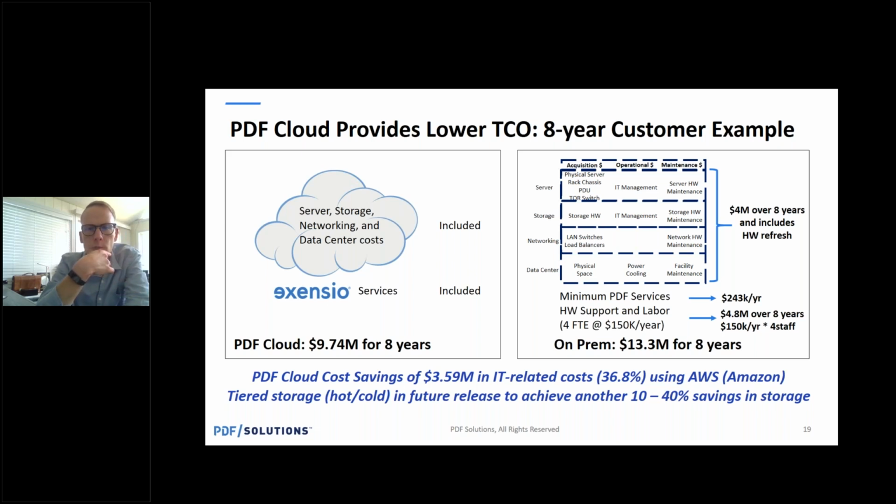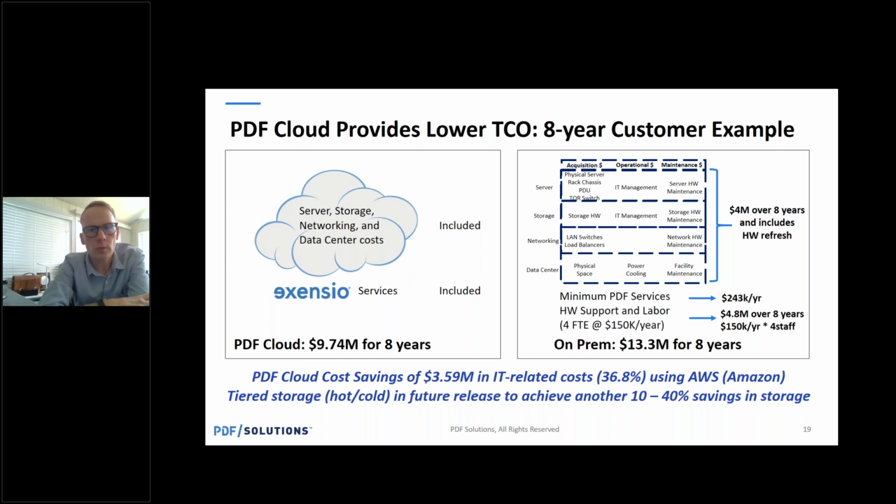Customers are holding on to their hardware for much longer than historically has been the case. So if you add up all of the on-prem hardware costs plus the PDF services that are necessary to support a big data environment, all of the data management and labor costs associated with sustaining a YMS deployment, as well as supporting that data center.